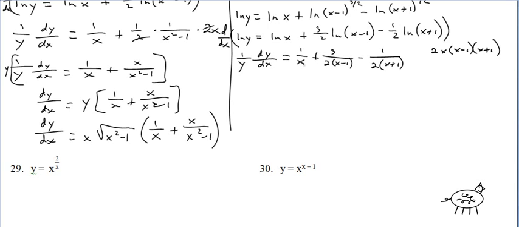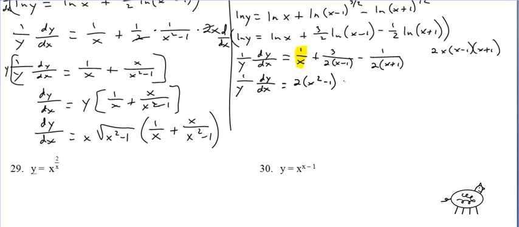I'm kind of running out of room here, but do you guys agree for the first fraction here, I have an x on the bottom, so I'll multiply it by 2 times x minus 1 times x plus 1, or 2 times x squared minus 1. So I'm going to say 1 over y dy dx, and I get 2 parentheses x squared minus 1.